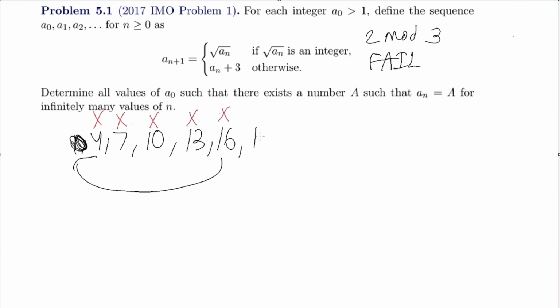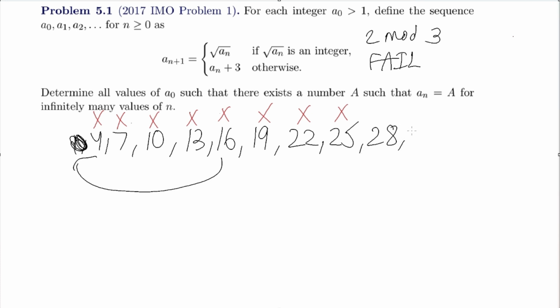Then what about the number 19? Well, 19 goes up to 19, 22, 25. Then 25 goes all the way down to 5, which we know fails because it's 2 mod 3. So all of these numbers fail. The interesting case happens at 28.